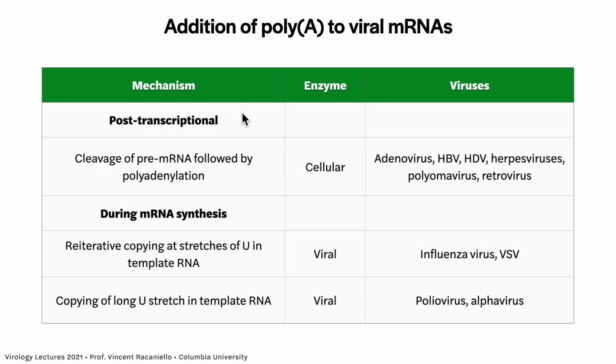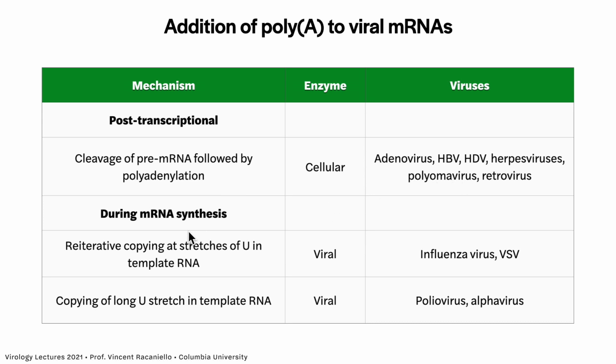I want to just summarize all the different ways we've talked about by which poly-A is added to our mRNAs. Last time we talked about some as well. So this one that I've told you about is post-transcriptional. It's cleavage of pre-mRNA followed by polyadenylation. The enzymes that do that are cellular; adenoviruses, et cetera, are all polyadenylated that way.